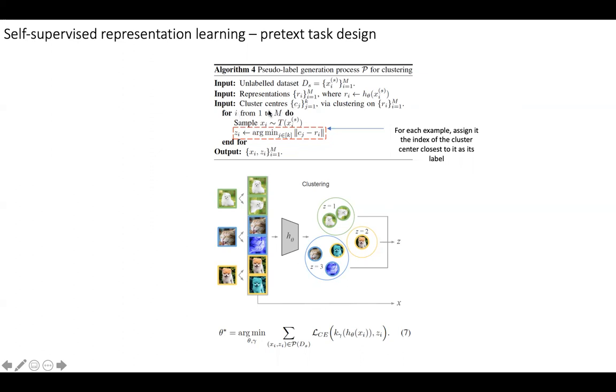With all these cluster centers, we assign each unlabeled image a label, which is the index of the cluster center closest to the image. Then finally, we get a labeled dataset. This labeled set is used in the pretext training task to train the feature extractor and also the pretext task head.